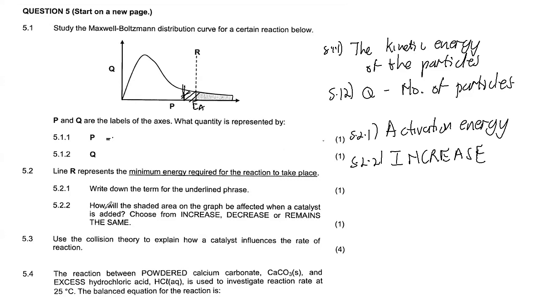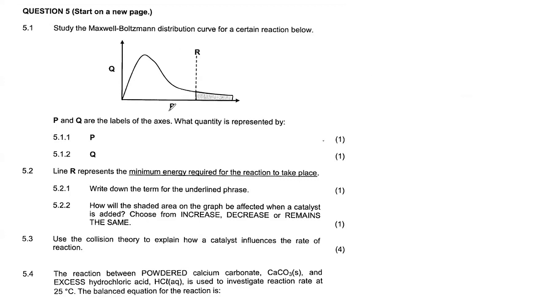And then 5.3 says, use the collision theory to explain how a catalyst influences the rate of reaction. So now we are supposed to explain using the collision theory. So this is the collision theory for the effect of the addition of a catalyst. This is how we go about it.